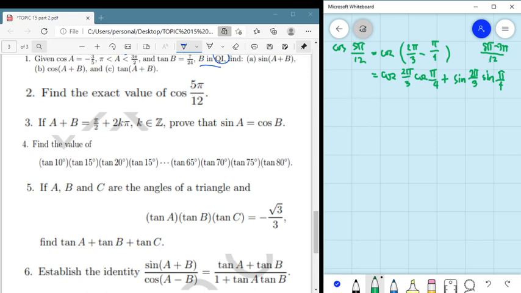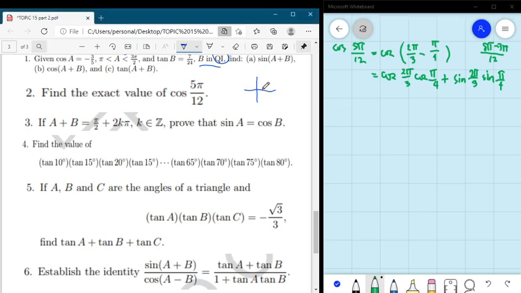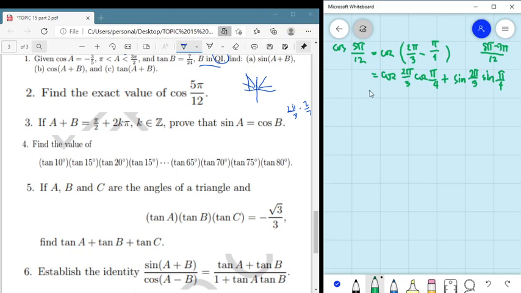Okay, so for the cosine of 2 pi over 3, 2 pi over 3 is 4 pi over 6. So we count 1, 2, 3, 4. It is 2 pi over 6, 4 pi over 6, or 2 pi over 3.